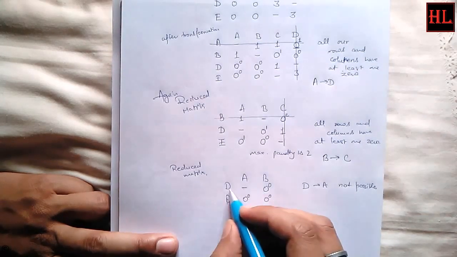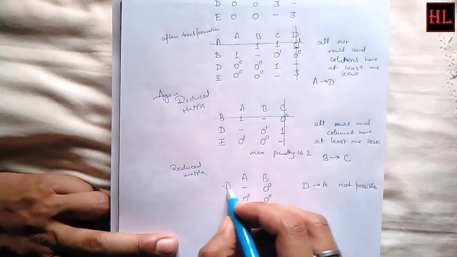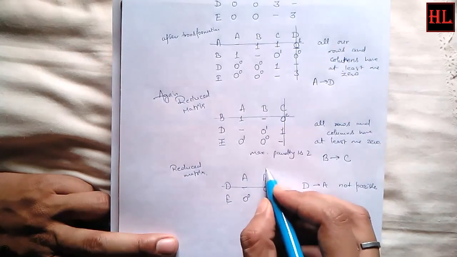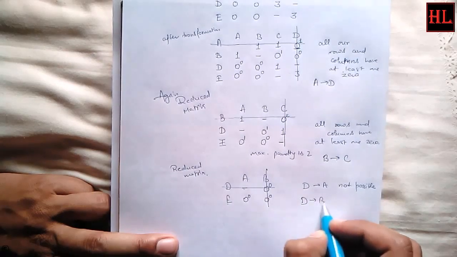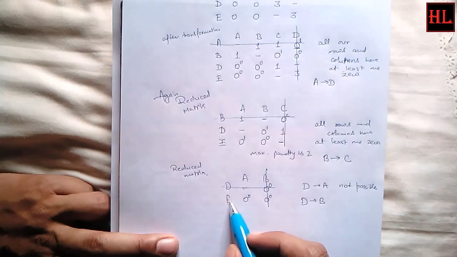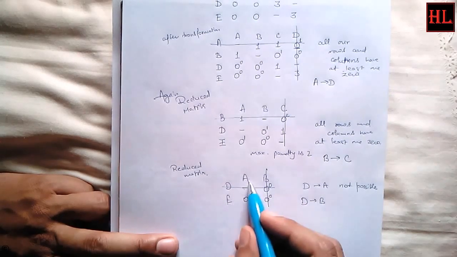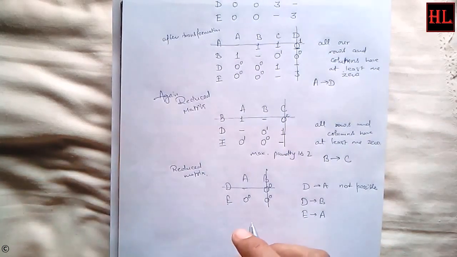Sorry, as we cannot make any assignment from D to A, we will have to make the assignment from D to B. So we will strike off this row and this column. So we can make the assignment D to B, as the assignment from D to A is not possible. And we are left with the assignment from E to A. So we will write this assignment, and we have no other option.